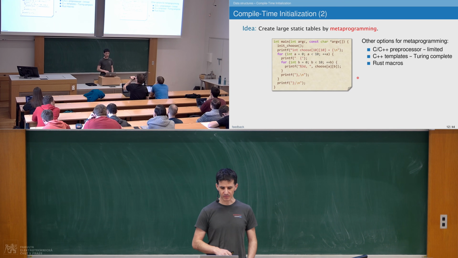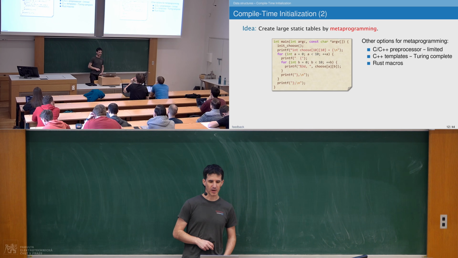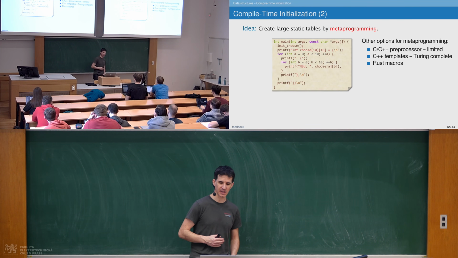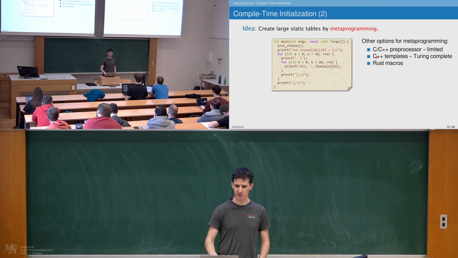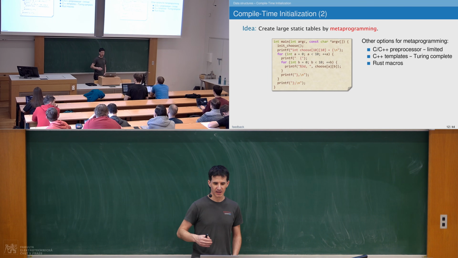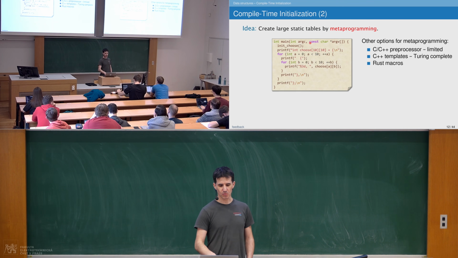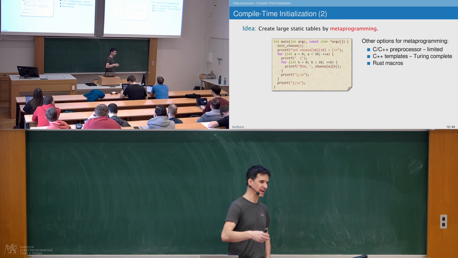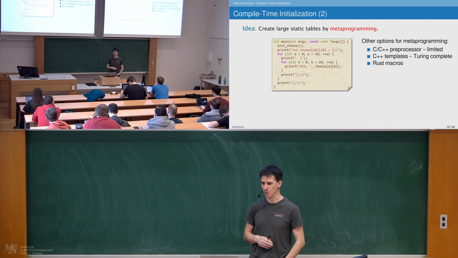Nowadays, modern programming languages have those meta-programming facilities built in. So, for example, in C++, you can use so-called template meta-programming, and you can use it to perform the same without actually compiling another program and running it during your build process.